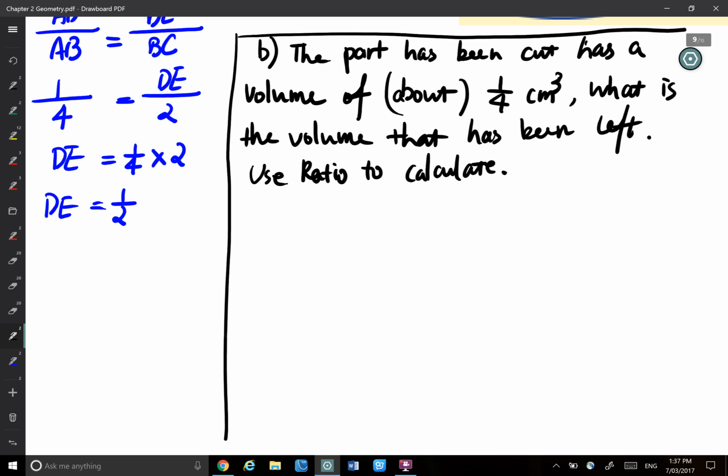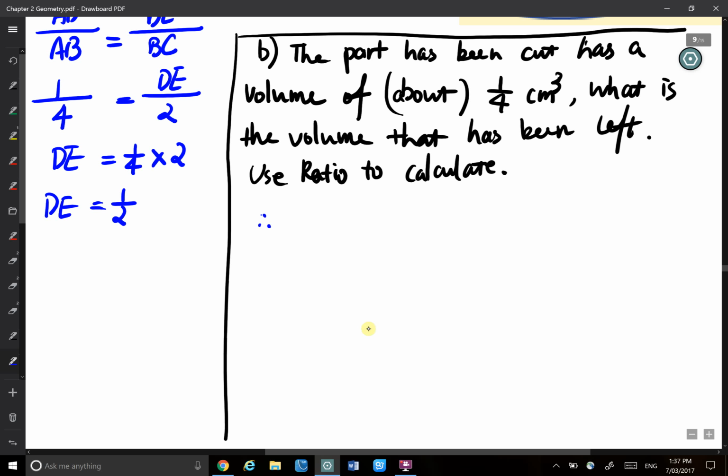And you should know that the small cone which has been cut will be similar to the big one. Why? Because the height and radius are in the same ratio. Then the two cones must be similar cones. Okay, similar shapes. So small cone and big cone are similar.